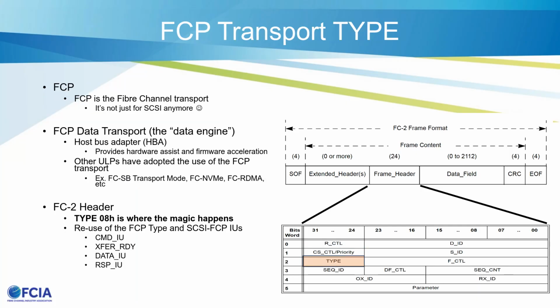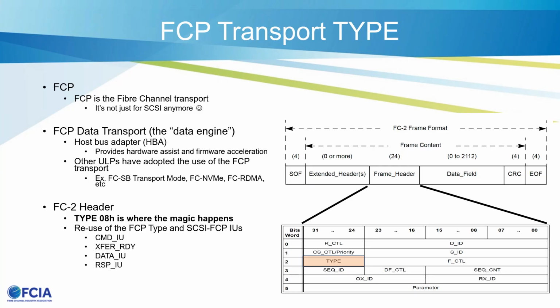The second half of the FCP transport feeds off of the type field in the frame header. Initially, FCP, which stands for Fibre Channel Protocol, was designed in conjunction to support SCSI.